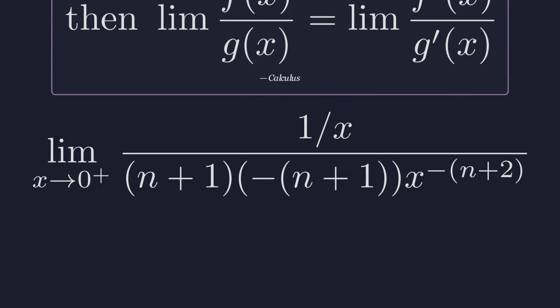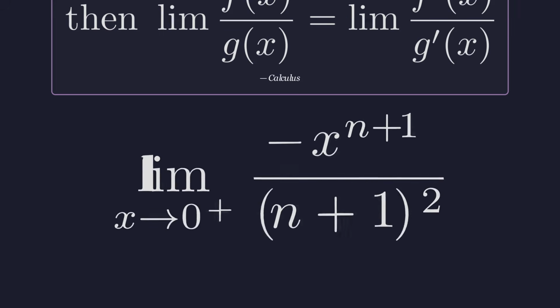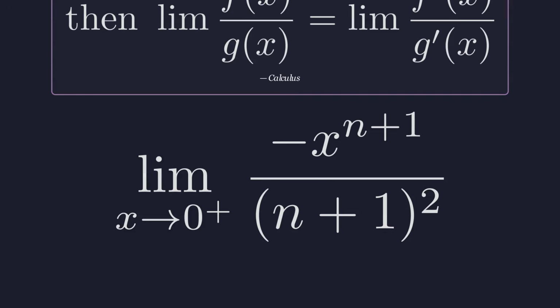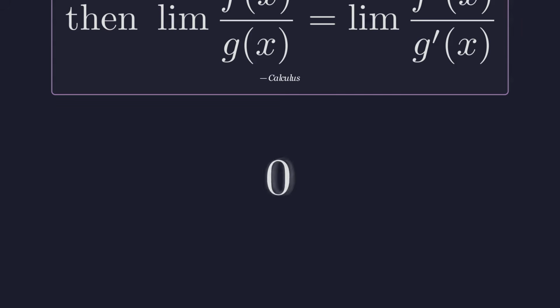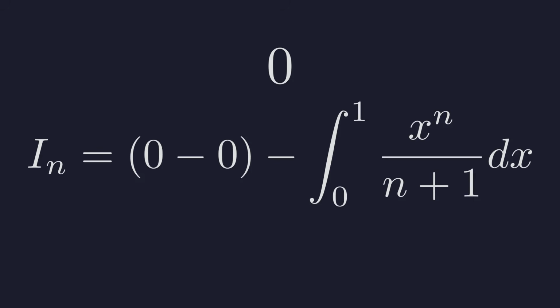Applying the rule, the derivative of the natural logarithm of x is 1 over x, and the derivative of the denominator is as shown. Simplifying this expression gives us negative x to the power n plus 1 divided by the square of the quantity n plus 1. As x approaches 0, this entire expression goes to 0. So the entire boundary term vanishes.